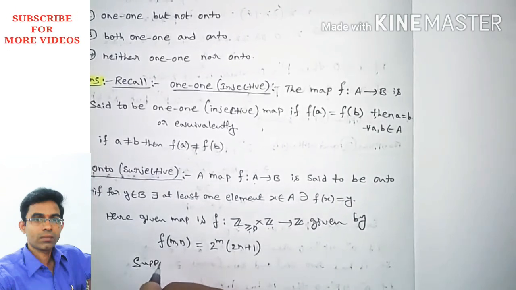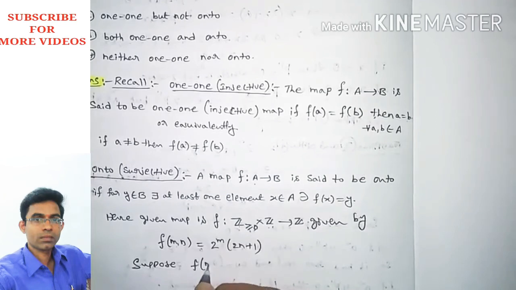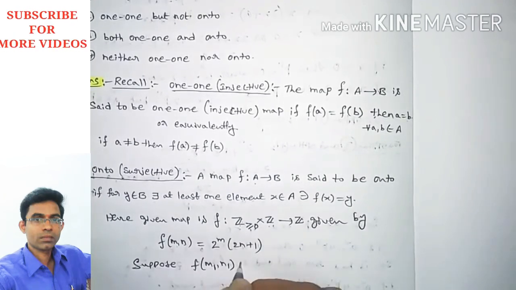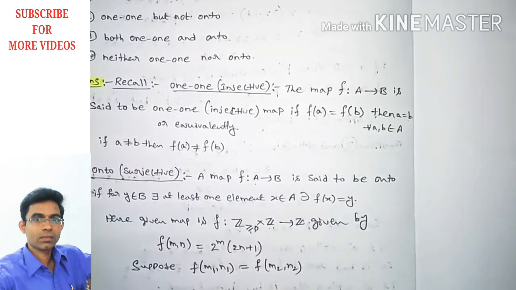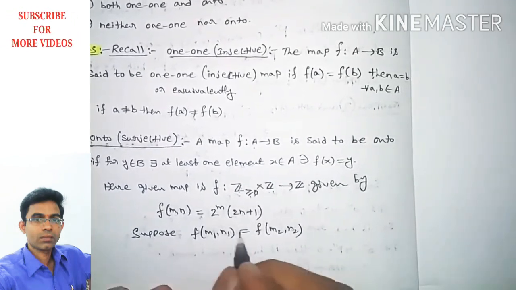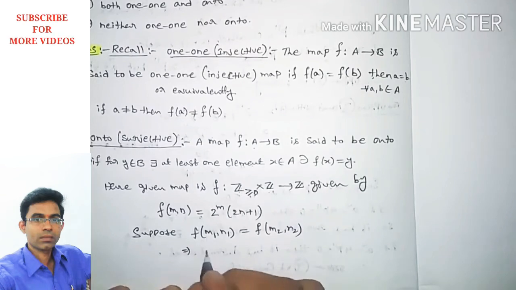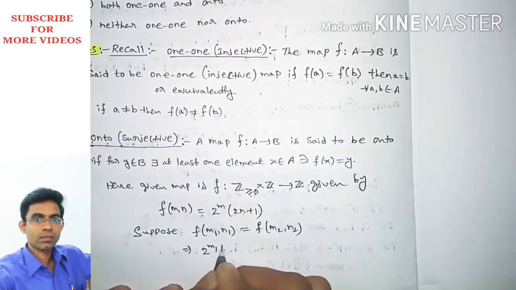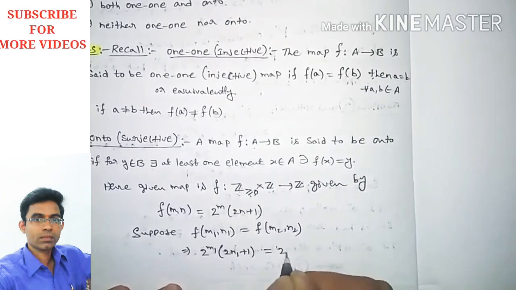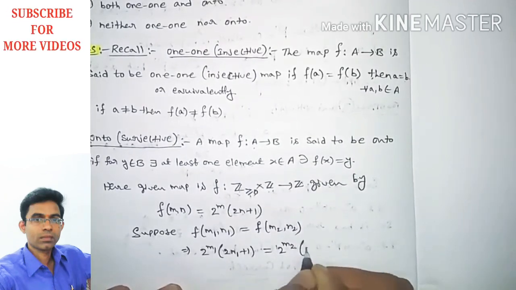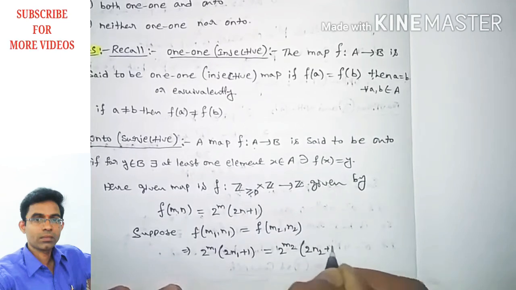Suppose f of (m1, n1) is equal to f of (m2, n2). By the definition of f, we have 2 power m1 into (2n1 plus 1) is equal to 2 power m2 into (2n2 plus 1).